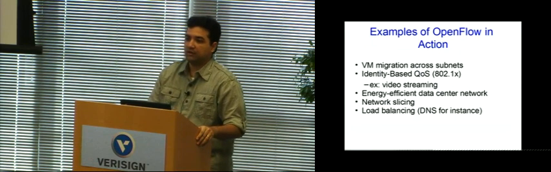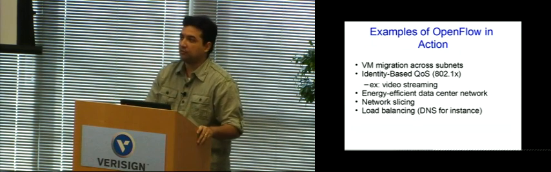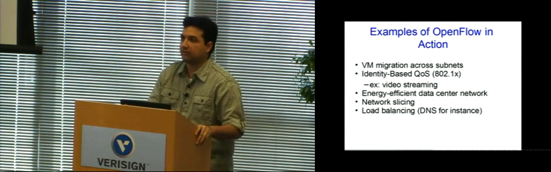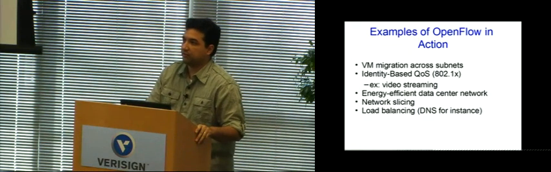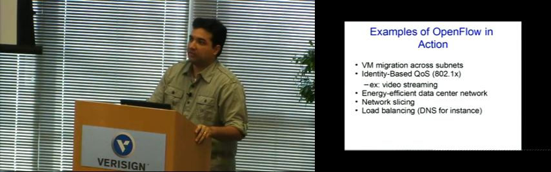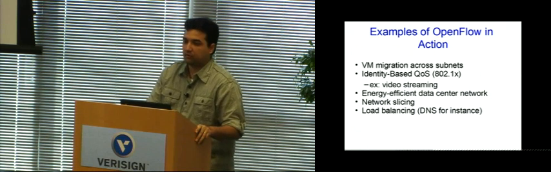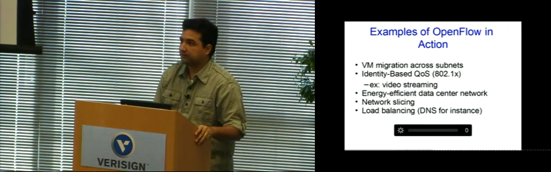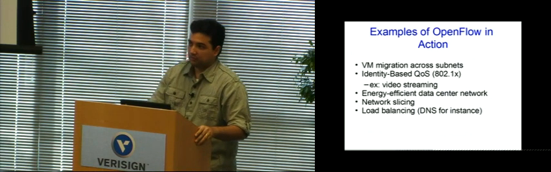So you have a way of knowing that, optimizing your path to shut down every port and every switch that will not be used, and basically you're going to be energy efficient in your data center. That's a very good scenario for energy efficiency. Network slicing is also a good thing: separate your network into different slices depending on the services that you have, or clients, or anything. And load balancing is also something that we're working on.